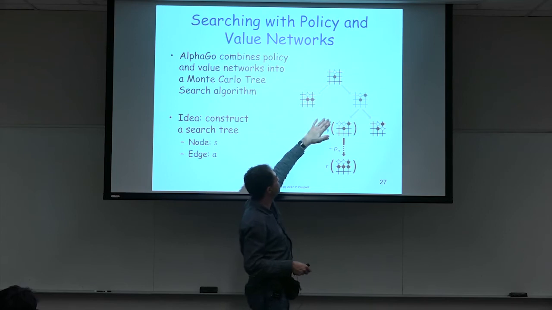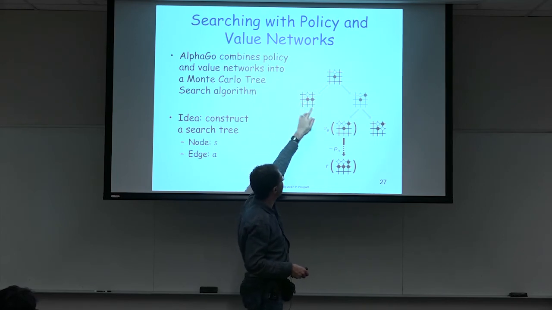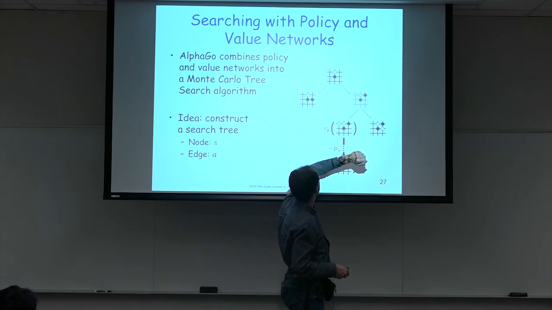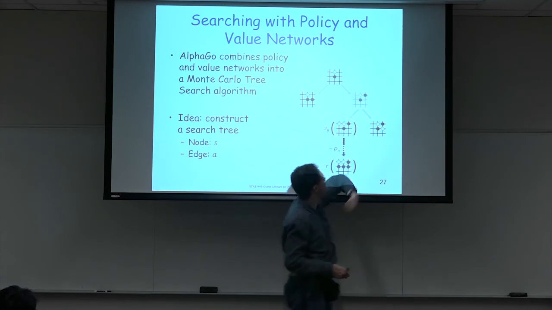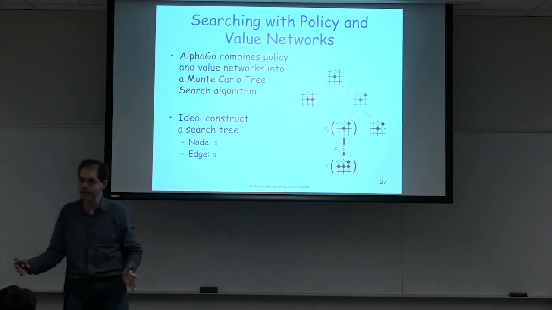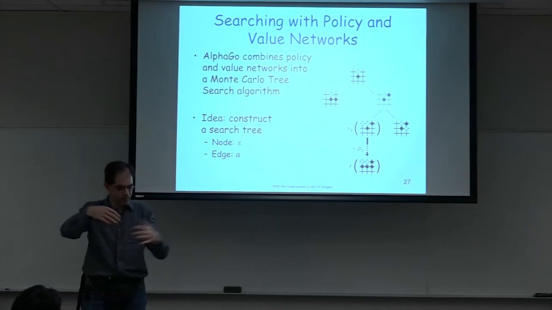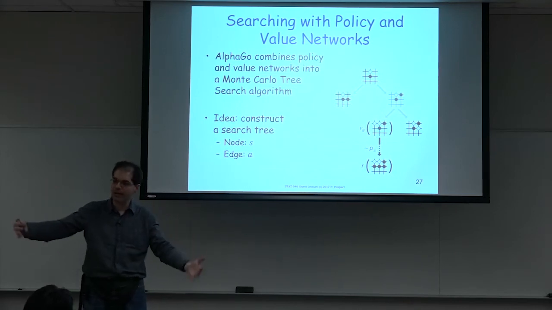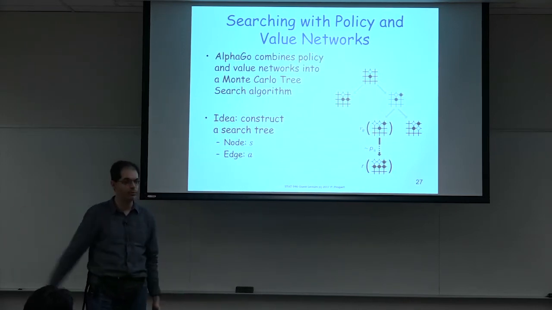Here in this graph I've only considered two possible actions, so I can put a stone here or I can also put a stone up there. But if I consider the entire board, there's 19 by 19 intersections, 361 of them, so I might have hundreds of possible moves.